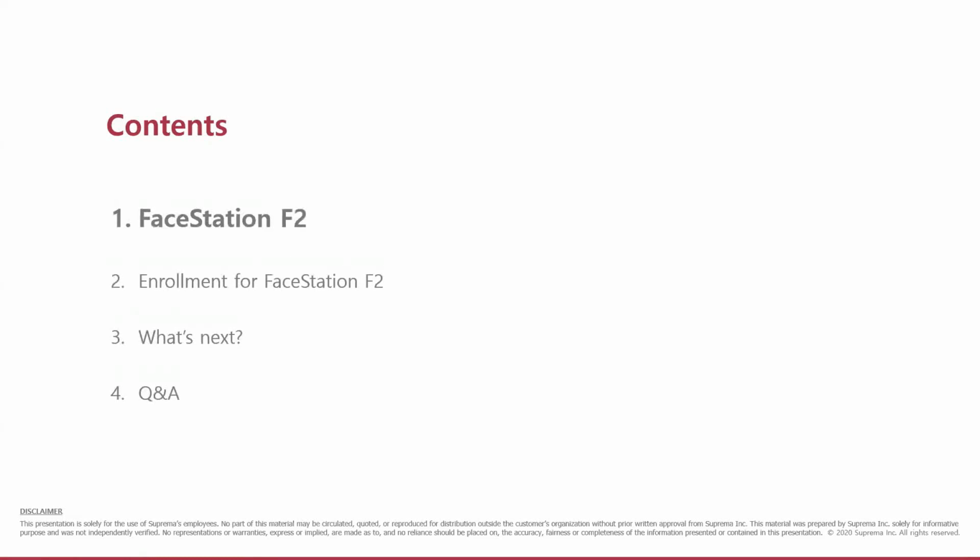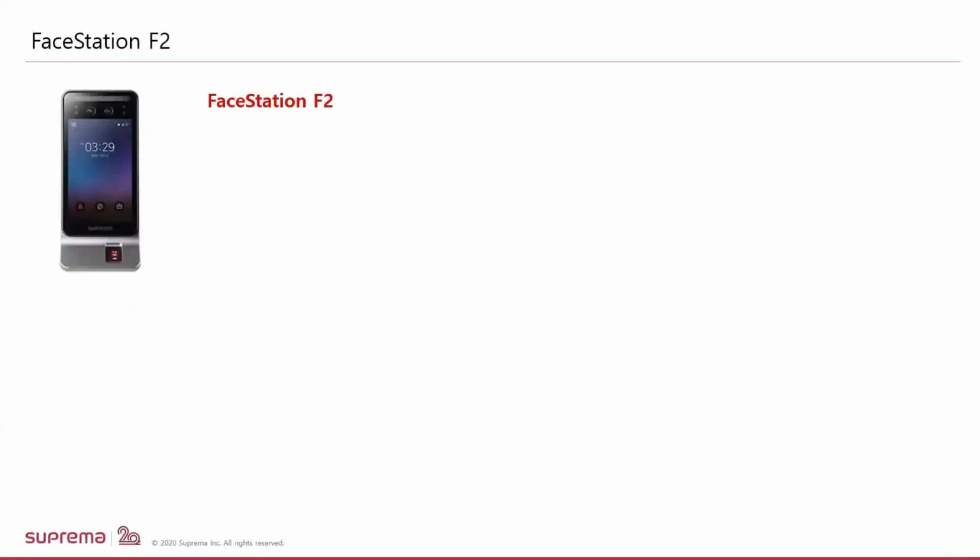Now, about the FaceStation F2, I believe you've already seen it on our official website. It is a device looking like this, with or without the fingerprint sensor. The F in F2 stands for fusion. This is because for facial recognition, we use the visual image plus another image to do the matching, so we call it fusion.